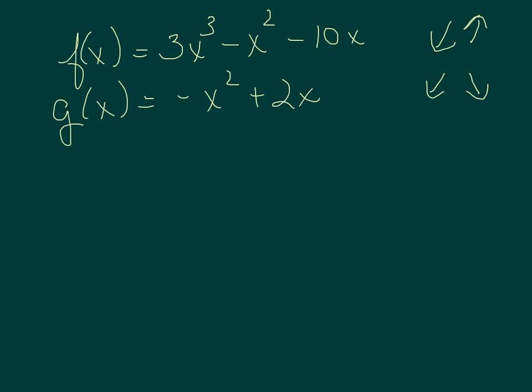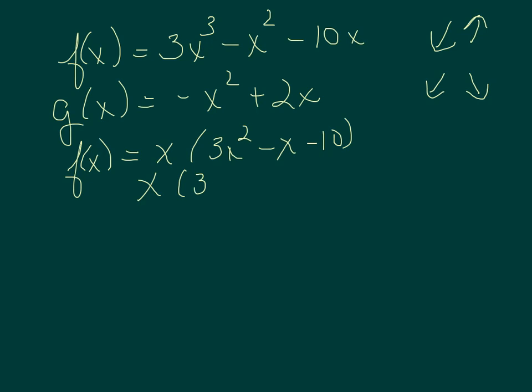Now, if we graph the function before we find the points of intersection, what I want to do is find the zeros of each function. So for f of x, I'm going to factor out an x, and we'll have 3x squared minus x minus 10. I think I can factor it: if I do a 2 and a 5, that's going to give me 10.